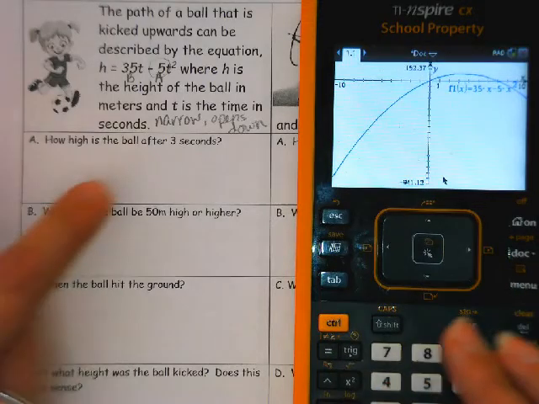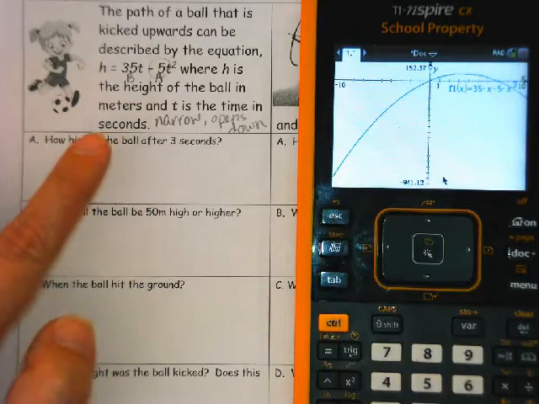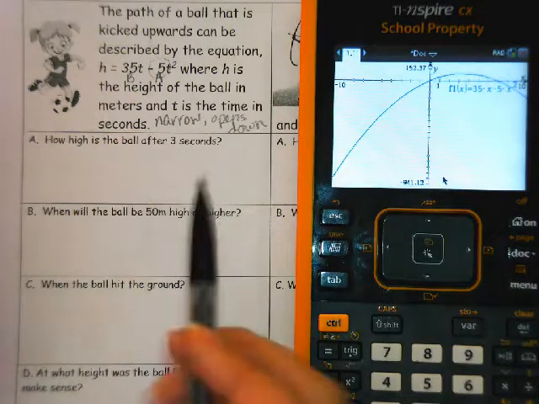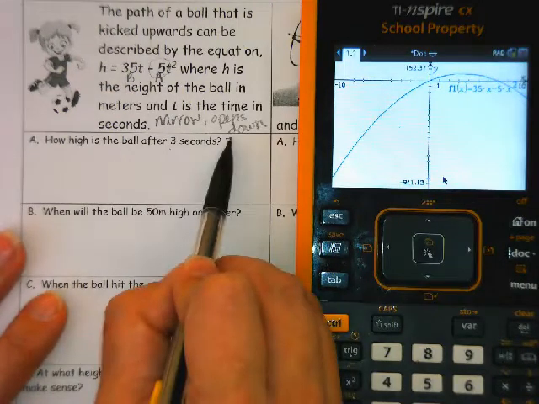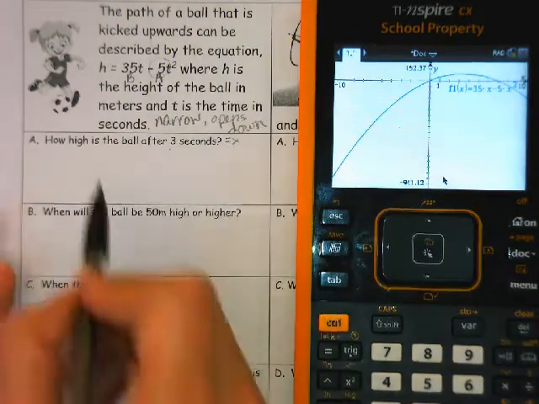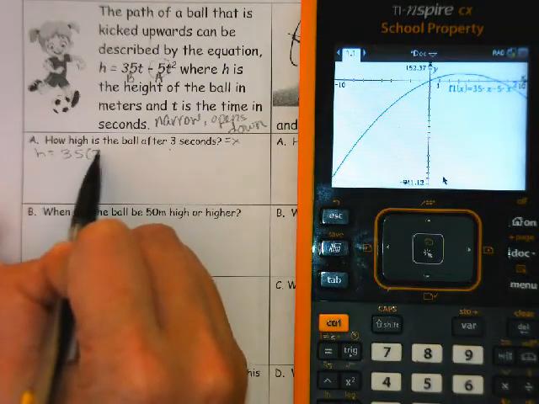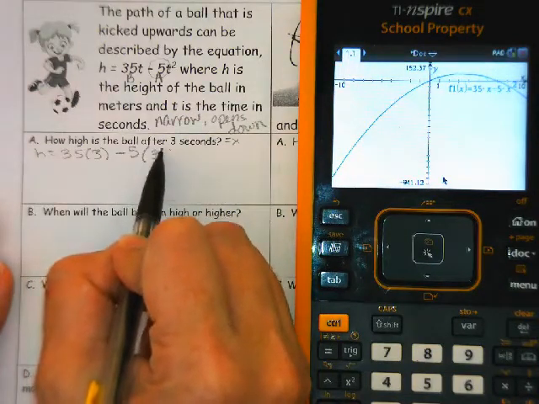How high is the ball after 3 seconds? Well, how would we figure that out? We have a couple of strategies. What is 3 seconds representing? This is representing x. So could we in fact say h equals 35 times 3 minus 5 times 3 squared?